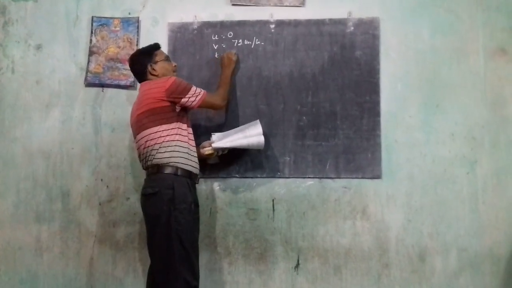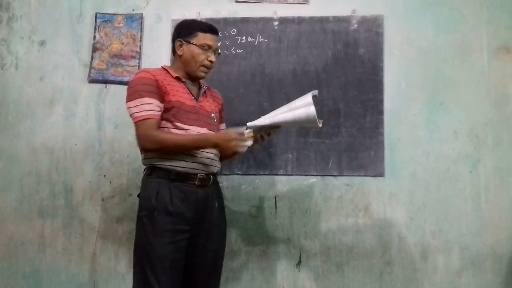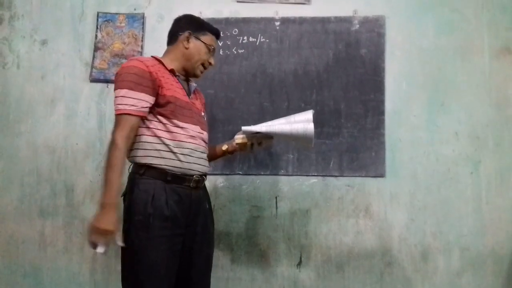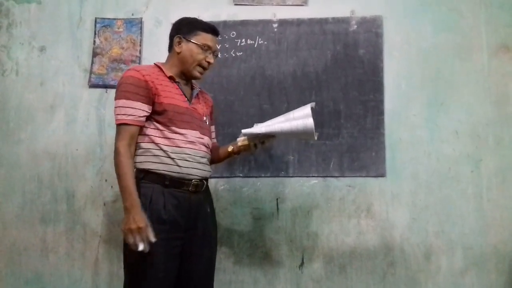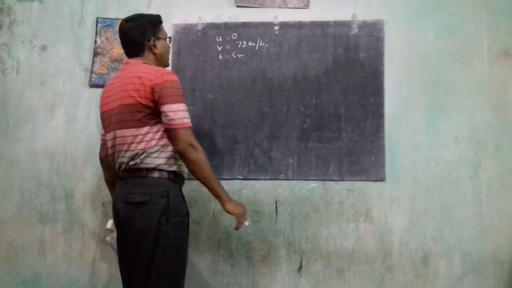The time taken is 5 seconds. Then find the acceleration and the distance traveled by the train in this time.